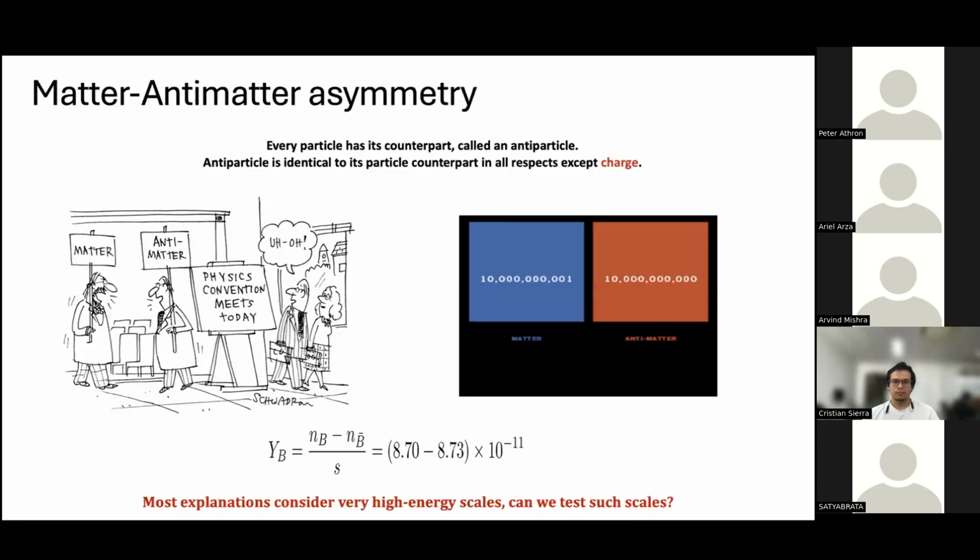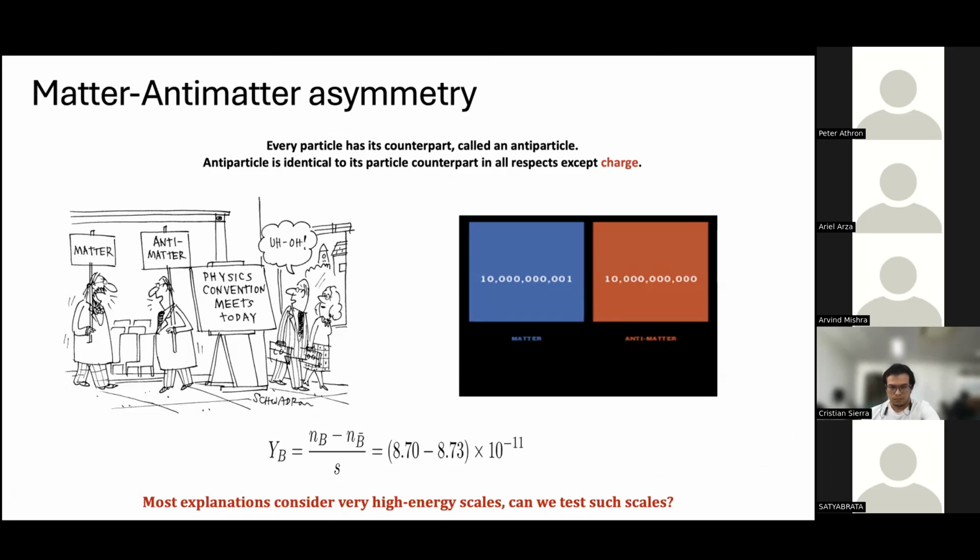Next thing is the plethora of matter over antimatter. So we know that once the universe was created, particles and antiparticles were created in the same amount. But at some later stage, something happened and we were only left with the particles. So what happened to these antiparticles? We have no idea. So there was an asymmetry which was generated.